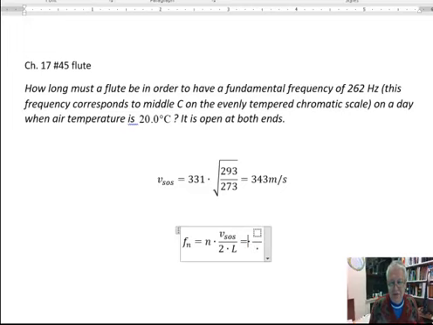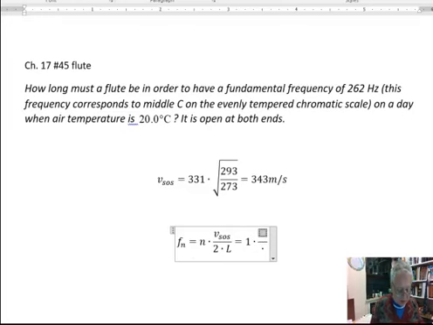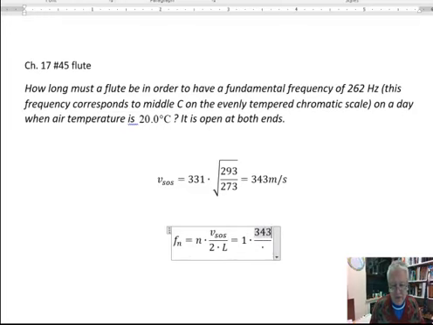So I'm going to plug in numbers. It asks for the fundamental, so the n simply is a 1 right there. And then I'm going to plug in, let's see, I just calculated this one here, 343, and then I have 2 times, and now I made a mistake because it's not asking for f, it's asking for L, so I have to do an algebra step.